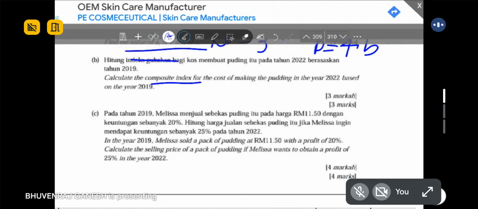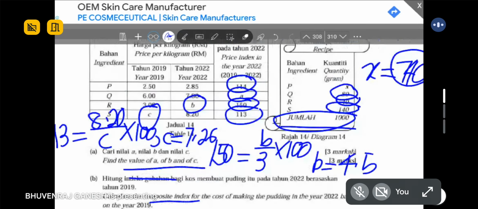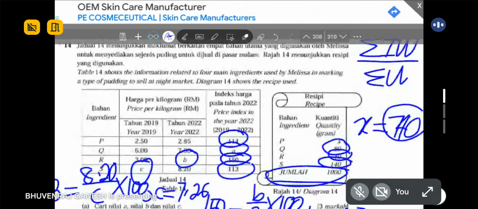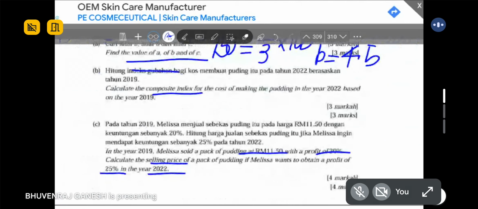Okay, continue. Last one. Okay, so they tell you 2019 1150 with a profit of 20%. Calculate the selling price if you want 25% in 2022. All right. So for this one, this one is going to be composite index also.